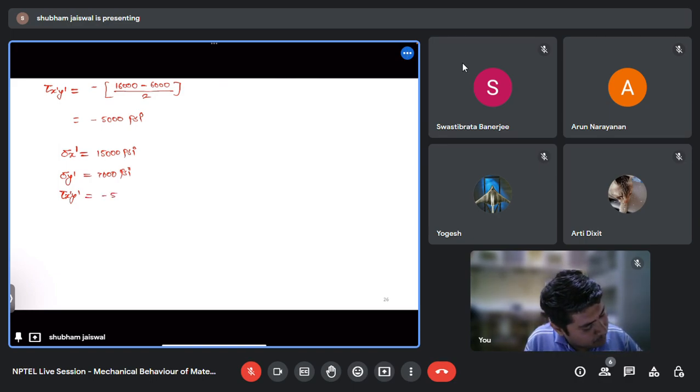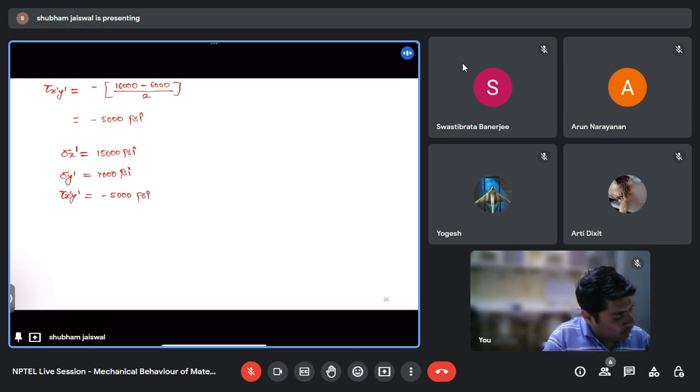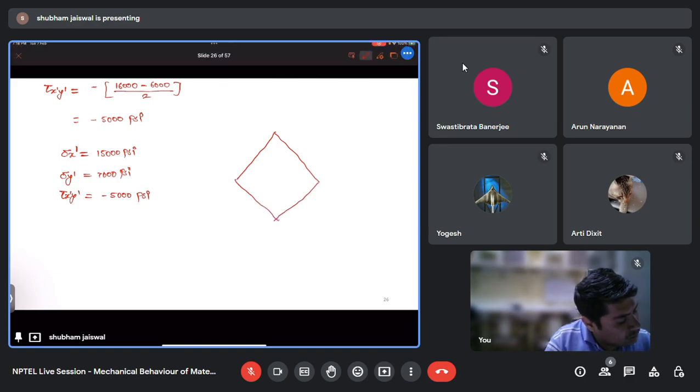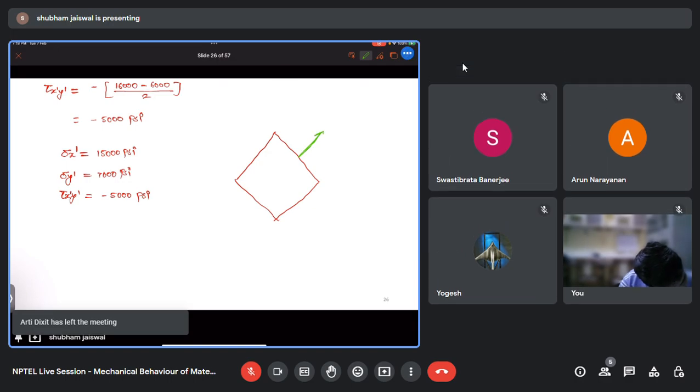Minus 5,000 psi. So now if we represent it on the element, this is our element. Our sigma x, this will be our sigma x prime. Am I correct?